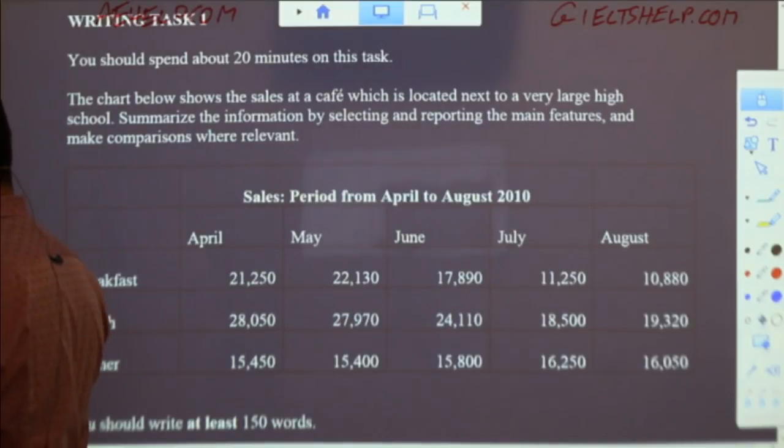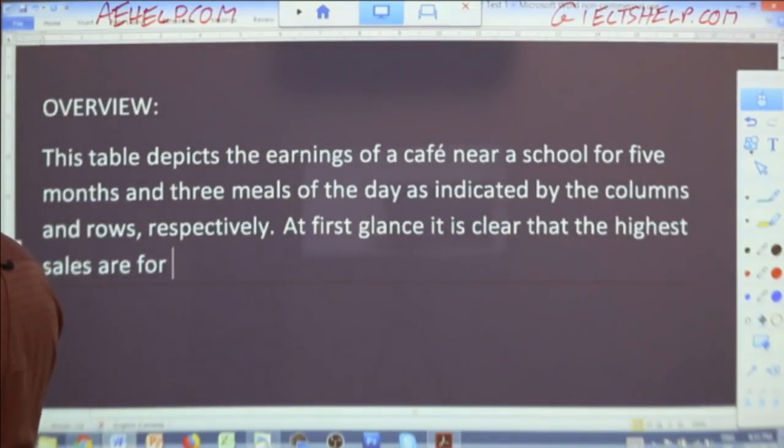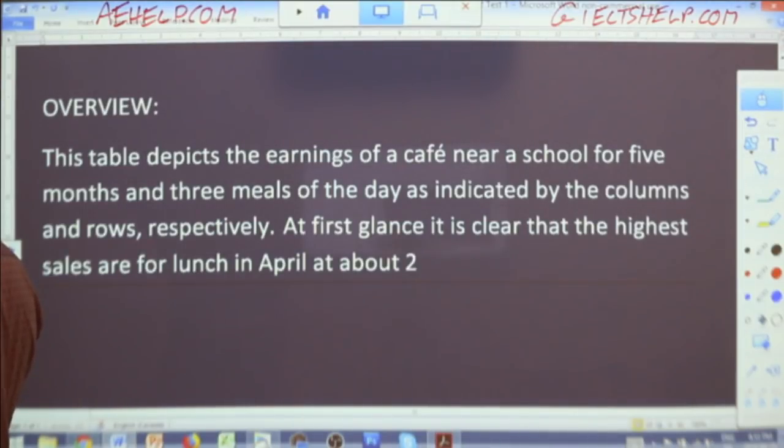In April. At first glance, it is clear that the highest sales are for lunch in April at about 28,000.